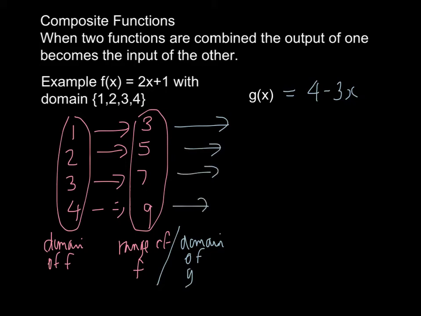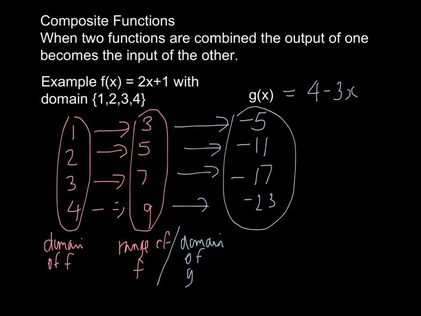First of all, 4 take away 3 lots of 3, so 4 minus 9 is minus 5. Then 4 take away 3 lots of 5, 4 minus 15 is minus 11. And then we get minus 17 and minus 23. So here we have the range of g of x on that domain of 3, 5, 7, 9.